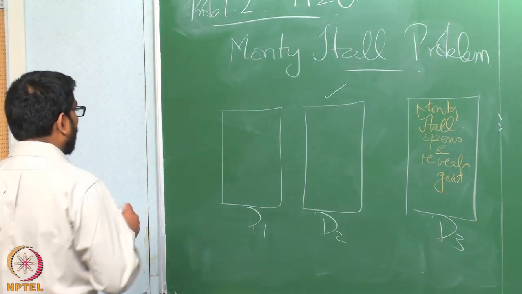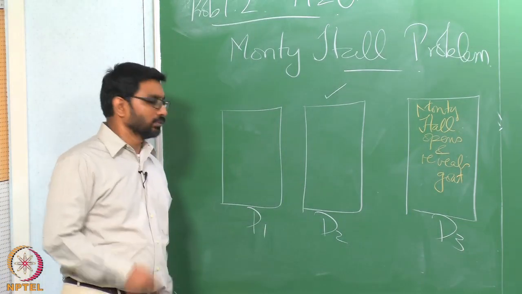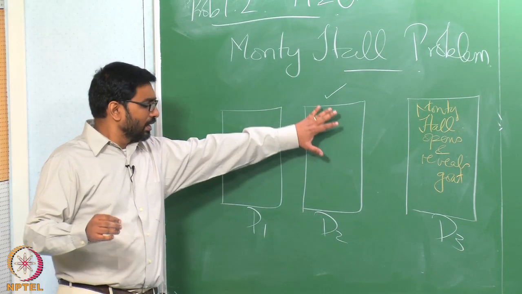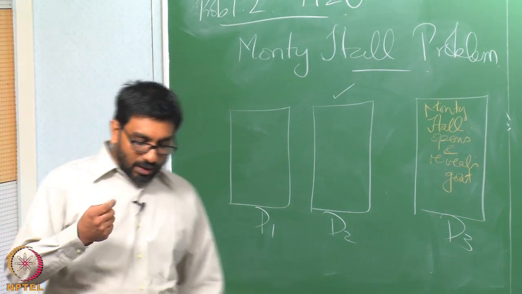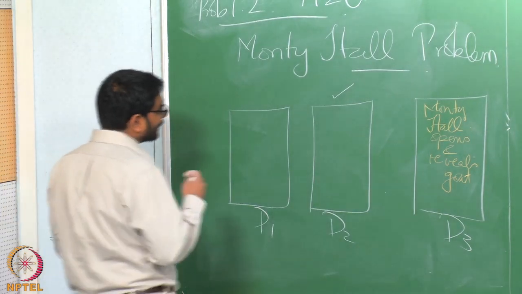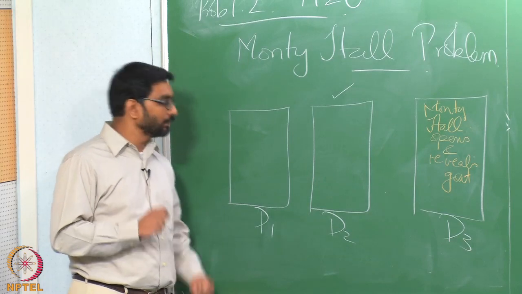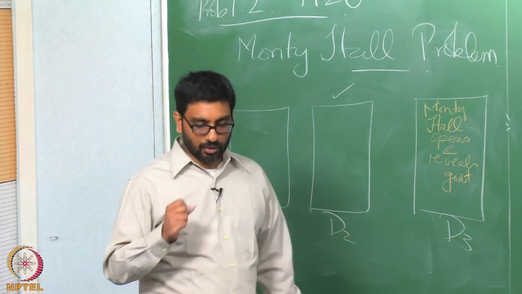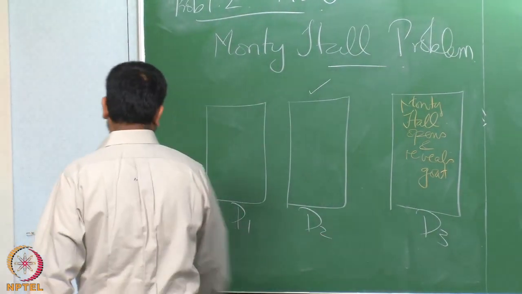At first you may think there is not much value in moving over to D1. Maybe you might be saying, well, why don't I stick with D2? But as it turns out, you actually increase your chances of winning the car by moving over to D1. And this is the Monty Hall problem. We need to prove that this is in fact the case.